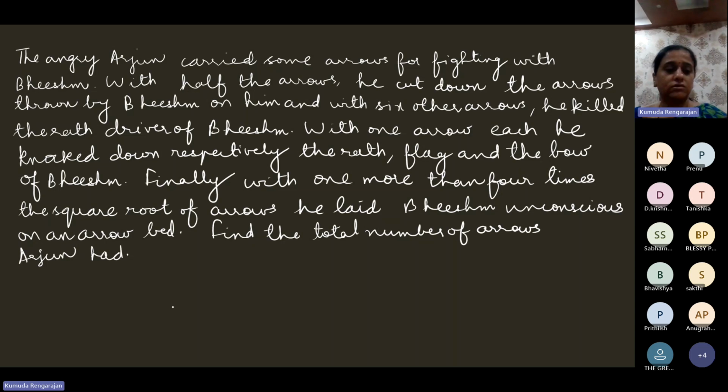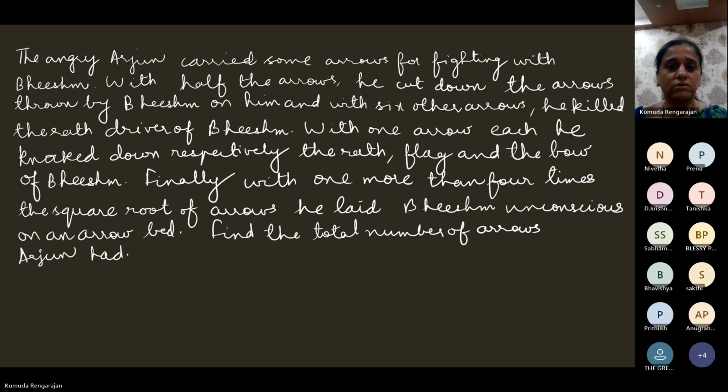So this is from the epic Mahabharat. The angry Arjun carried some arrows for fighting with Bhishma, with half the arrows.